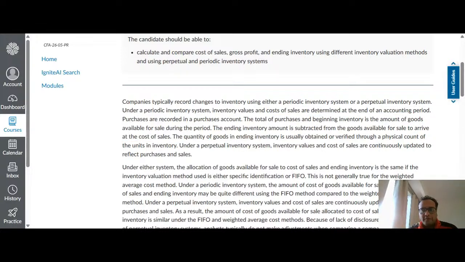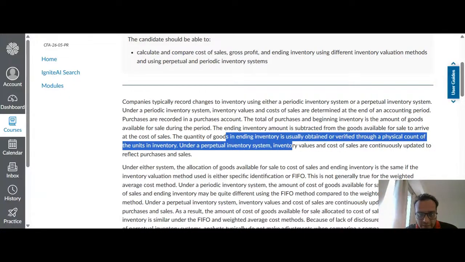The quantity of goods in ending inventory is obtained or verified using physical count of the units in inventory. Under the perpetual inventory system, inventory values and cost of sales are continuously updated to reflect the purchase and sales.